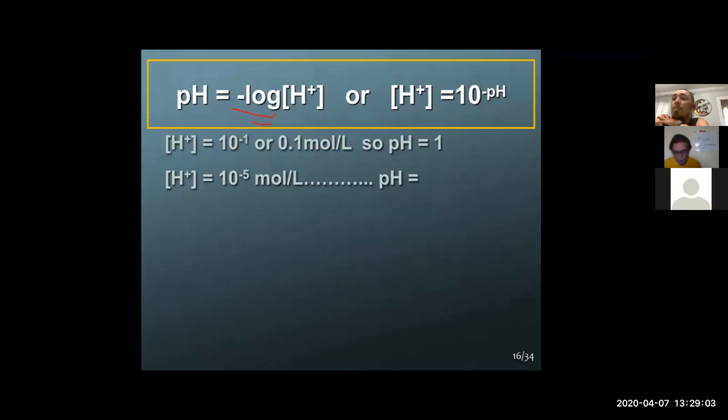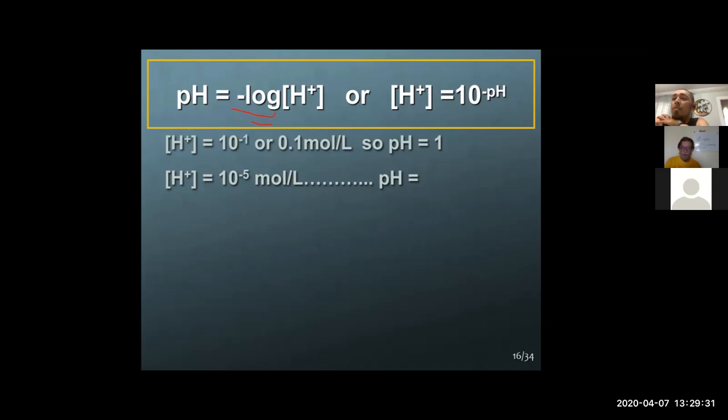Not to be concerned: the calculator has a button labeled log. If you have the concentration, you hit the log of that number, and you get a negative number. But if you notice up front, you have a negative in front of the log. When you multiply a negative value by a negative, guess what? You end up with a positive. So the pH numbers are always positive.